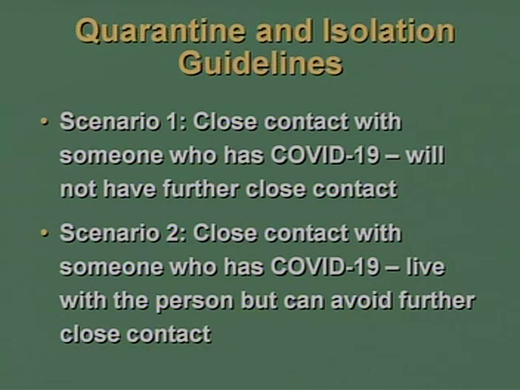An example would be a student is a close contact with another student. You have two students sitting next to each other. One becomes positive for COVID-19. The other one does not. The other one is a close contact. We send them both home. The positive goes home. The close contact goes home. Tell us how long that close contact has to stay.